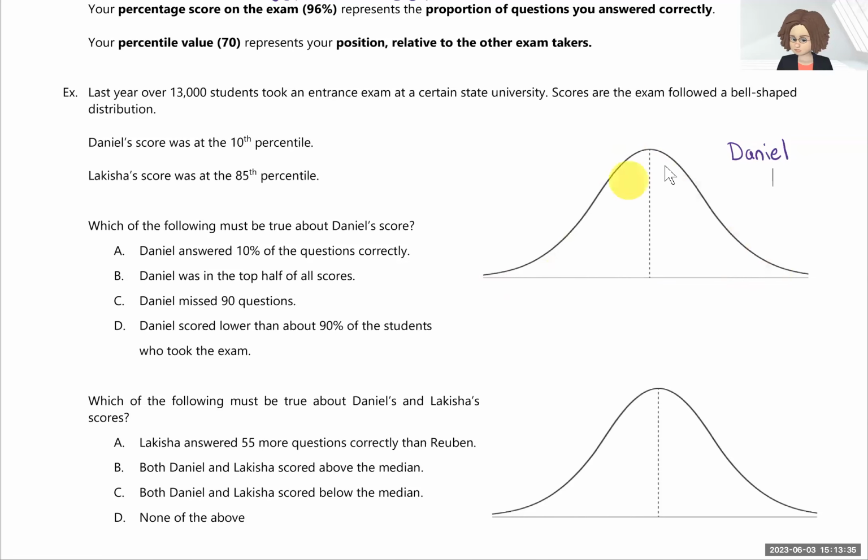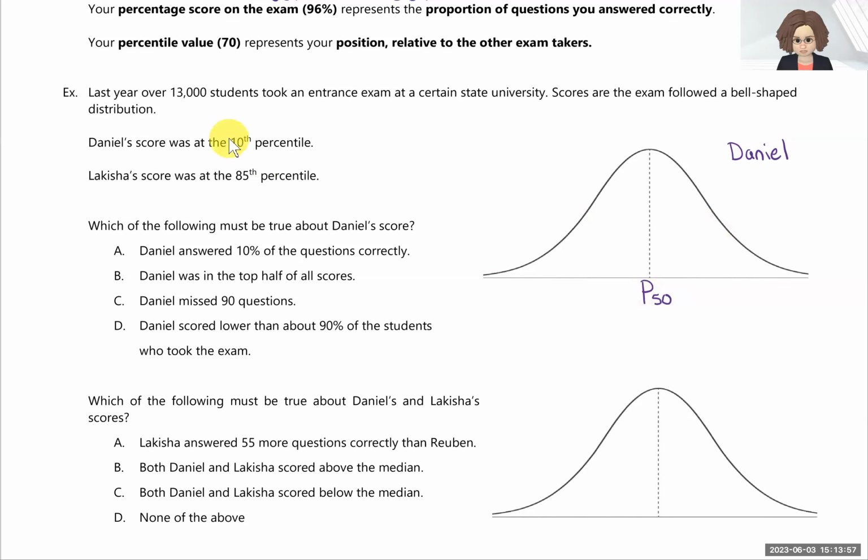So of all the students taking the test, the value at the center of the distribution would be the 50th percentile. And that would also be the mean on a bell-shaped curve, but right now we're going to discuss percentiles. So half of students below that score, half of students above that score.